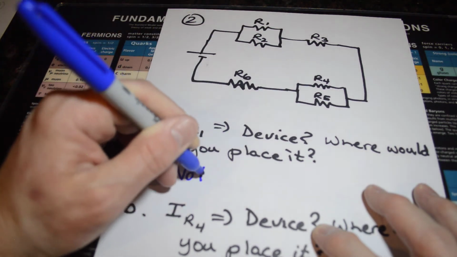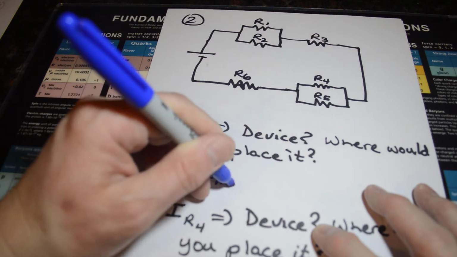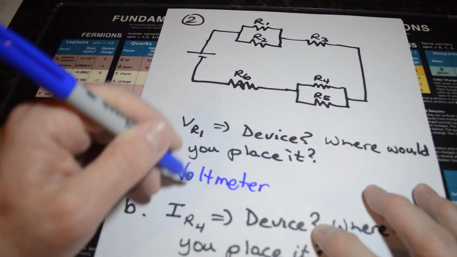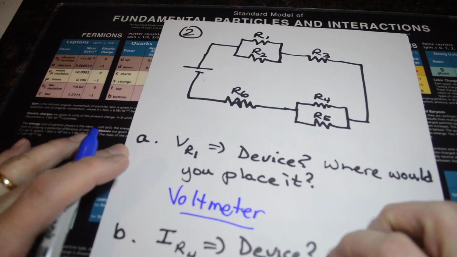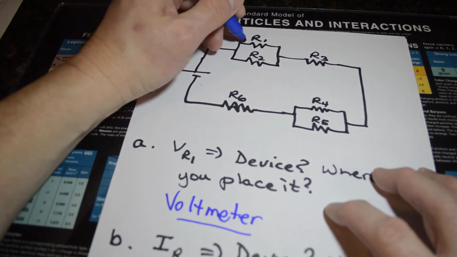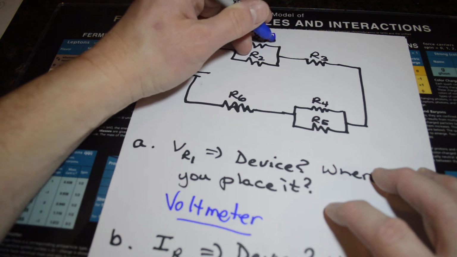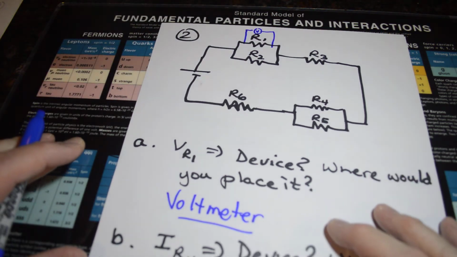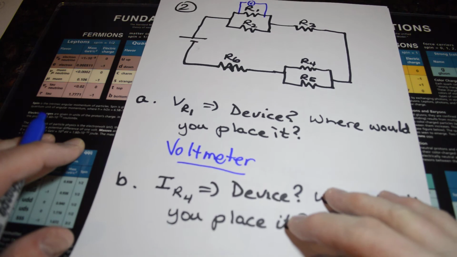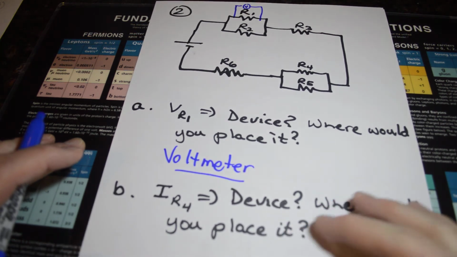Well, the device used to measure voltage is what we call a voltmeter. And where would you place that voltmeter? I think I'd put that right here, put my voltmeter across that, and that's where I would measure the voltage. Okay? Hopefully that makes sense.